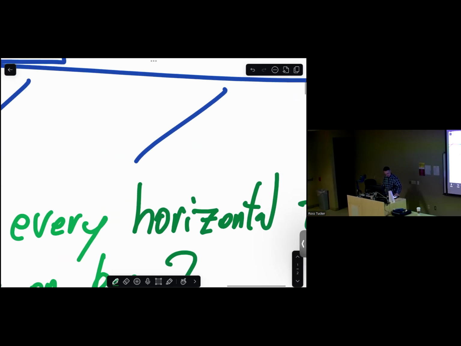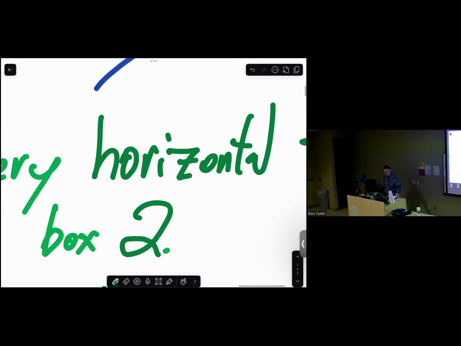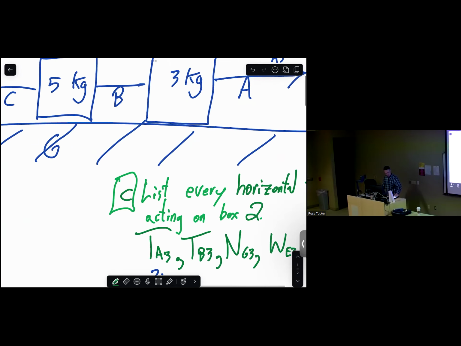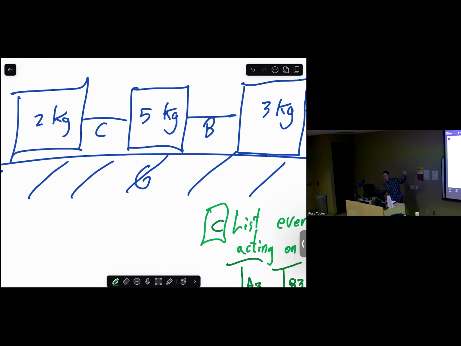Another problem is that a number of people did not read or listen where I say horizontal force. I ask you this, does gravity pull things sideways? Is the direction of normal for the ground sideways? Normal and weight are vertical directions, not horizontal directions.